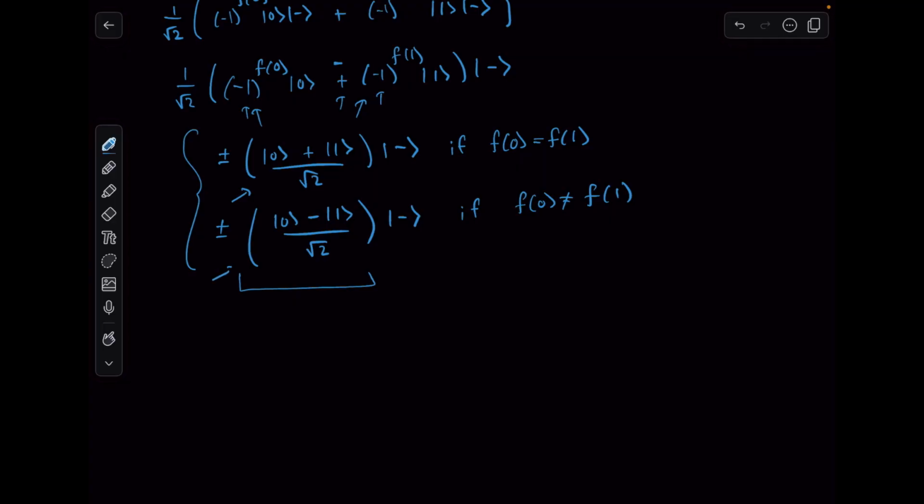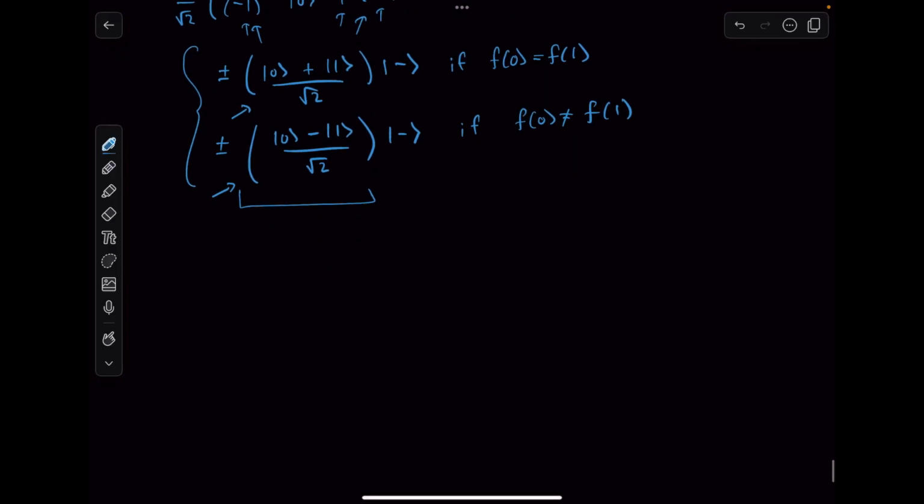Likewise, this state over here is the result of applying Hadamard to a qubit in the state 1, so if we apply it again, we'll go back to 1. So after applying a Hadamard to the state, our result is 0, and then minus over here, if f of 0 is equal to f of 1, but over here we have 1. And this is the case where f of 0 is not equal to f of 1.